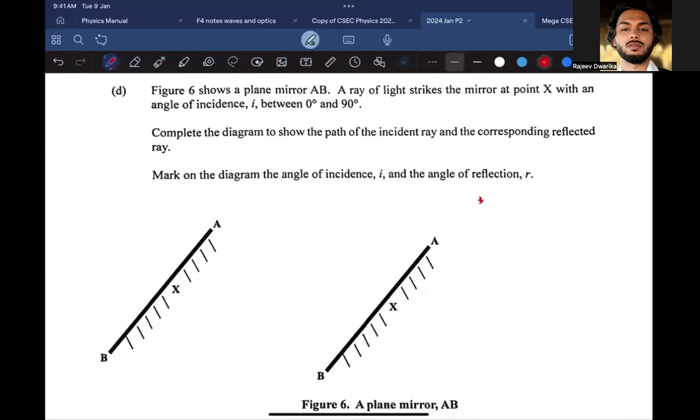In physics, you have a couple things to keep in mind when we're dealing with refraction, reflection, and this specific topic, optics. You need to know that the normal is always perpendicular to the boundary.